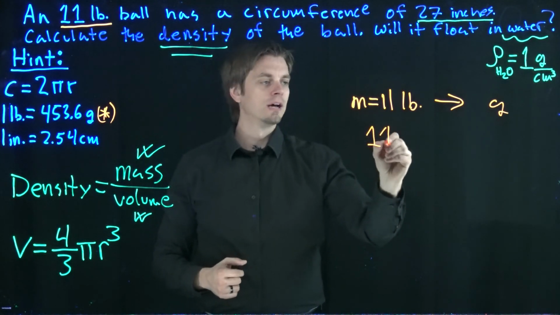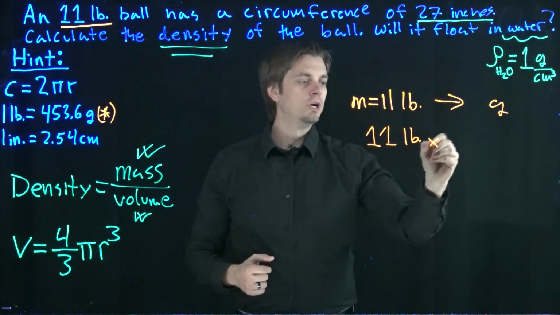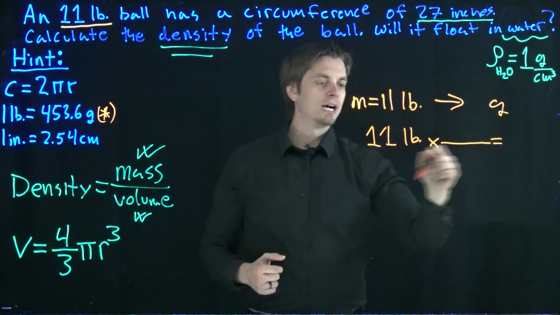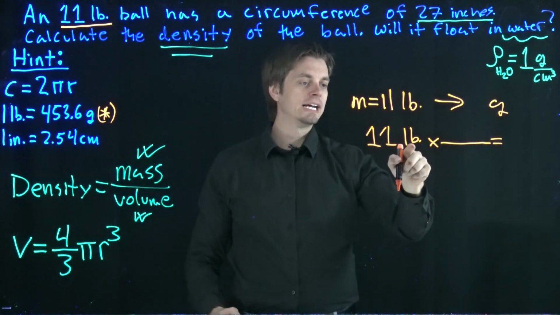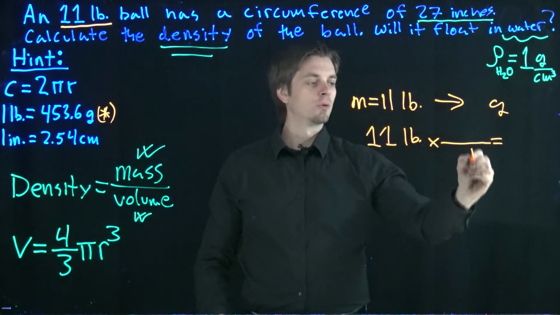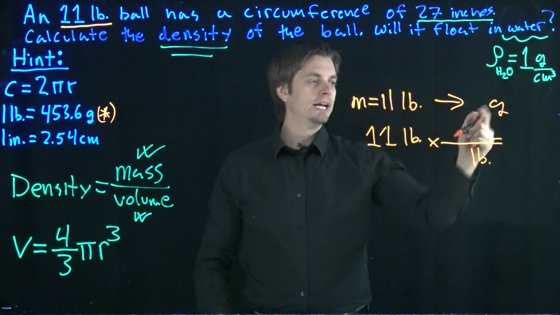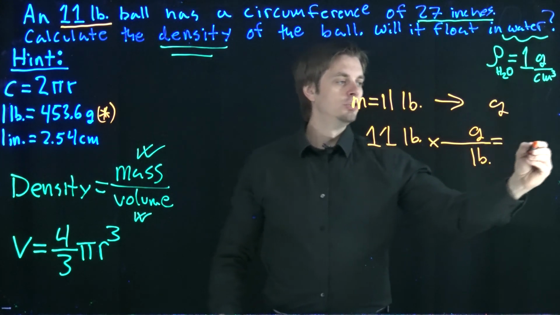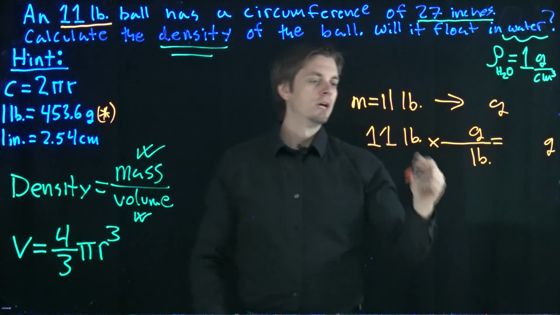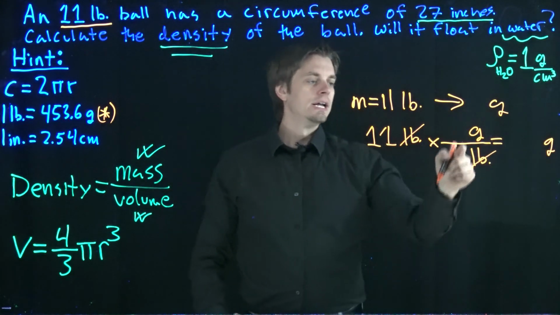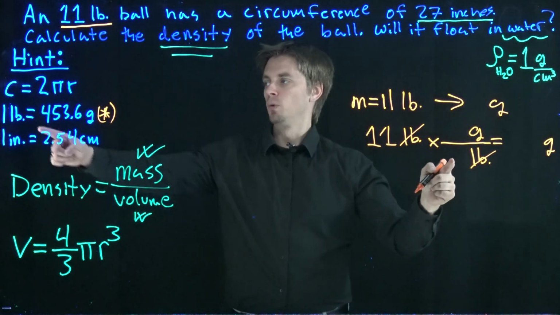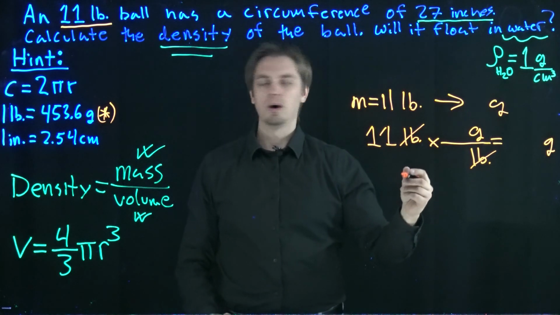Well, if we've got 11 pounds, we need to multiply by something that cancels out the pounds, which means we want pounds in the denominator, and we want to end up with grams in the numerator, right? So pounds will cancel. Now, what is the relationship between grams and pounds? Well, we follow directly from our equation here.